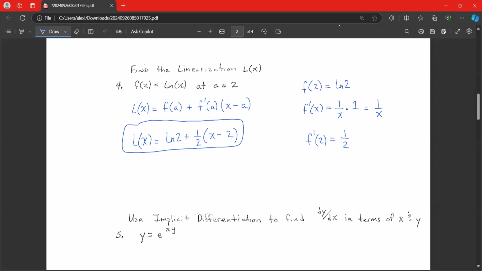So that means when x is very close to 2, the function is approximately ln of 2 plus 1/2 times quantity x minus 2. So I'll write it like this. Ln of x is approximately that when x is near 2.